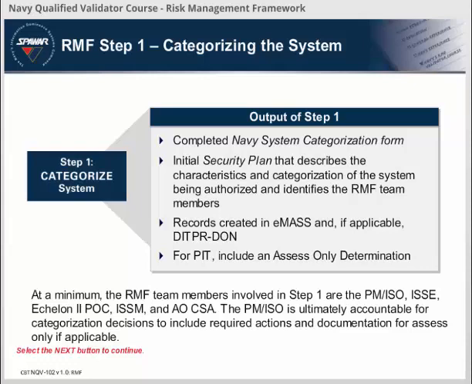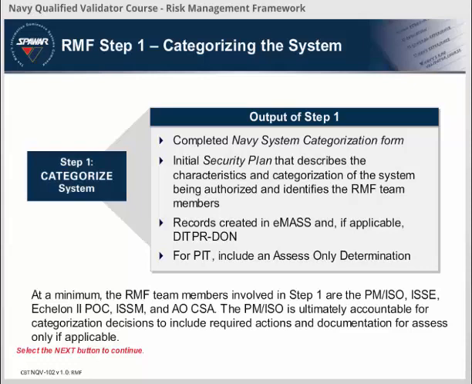The AO Cybersecurity Analyst must concur with the categorization before moving to RMF Step 2. Additional activities include initiating the security plan, registering the system, and assigning qualified personnel to the RMF team.